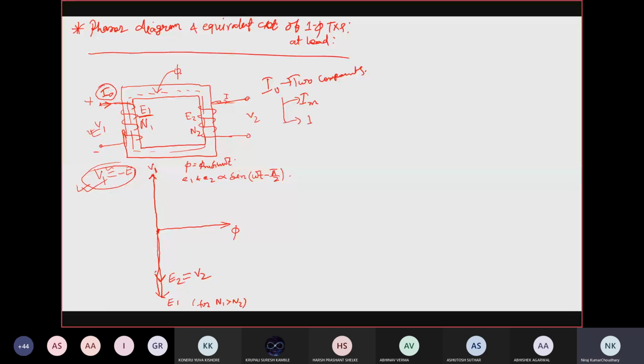IM is the component of no load current which is responsible for the generation of flux. And let us consider IC is the current which is responsible for the different losses, core losses taking place in the transformer, right? So can you say what will be the direction of IM?